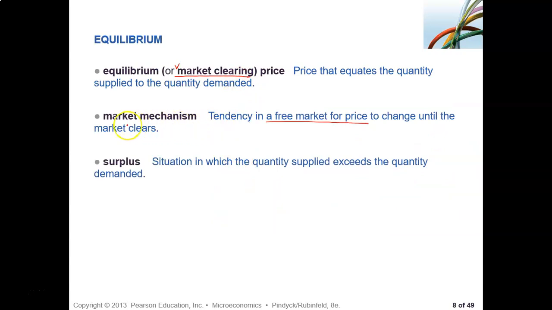So this is the market mechanism, the tendency in a free market for price to change until the market clears. Demand equal to supply, we have equilibrium.